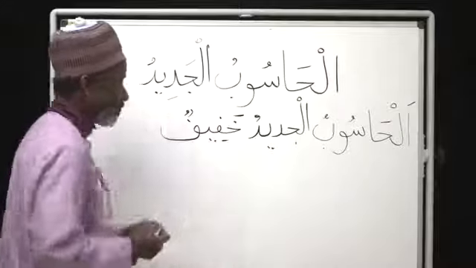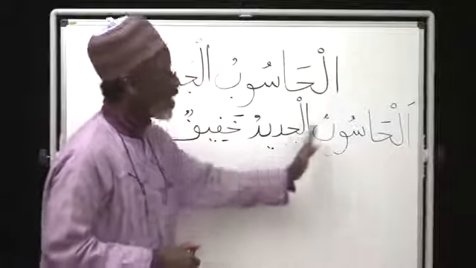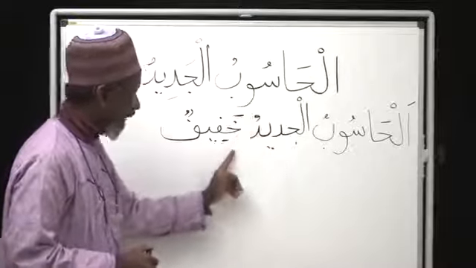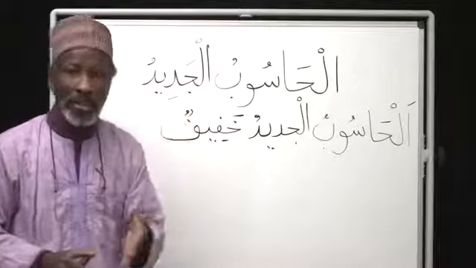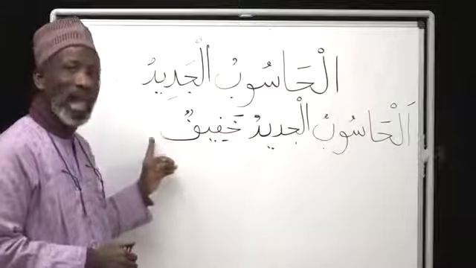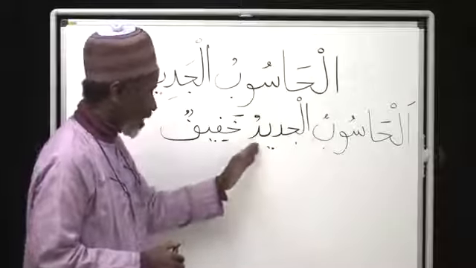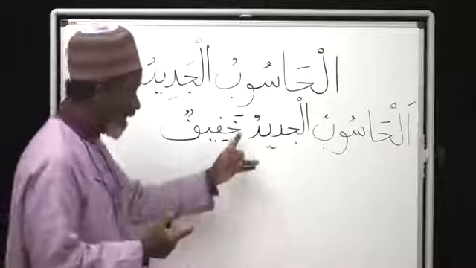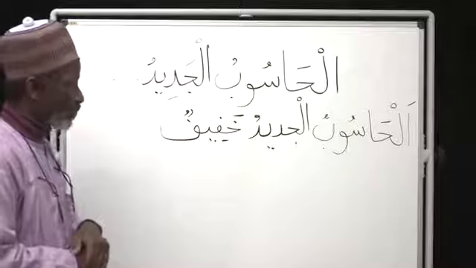So what's happening here? Al-hasubu al-jadidu, the new computer, khafifun. We drop the al. By dropping the al, the "is" is now implied. Khafifun is light, because the literal meaning is the new computer a light, but in English it is "is light", so the "is" is implied. Al-hasubul jadidu khafifun.